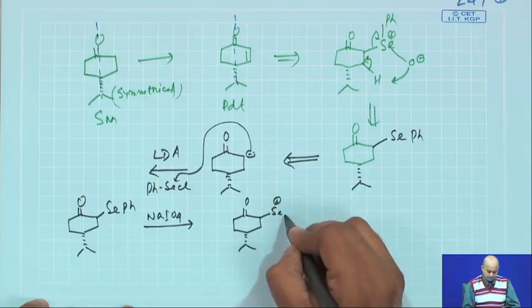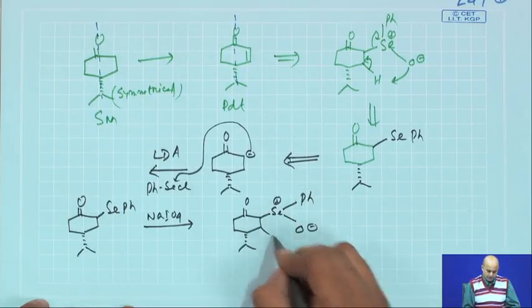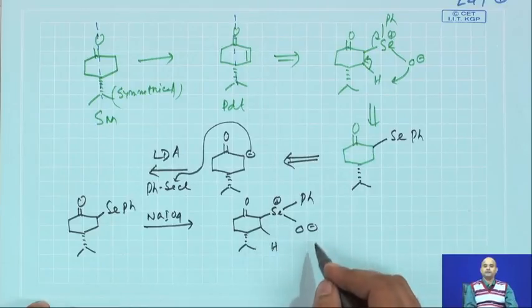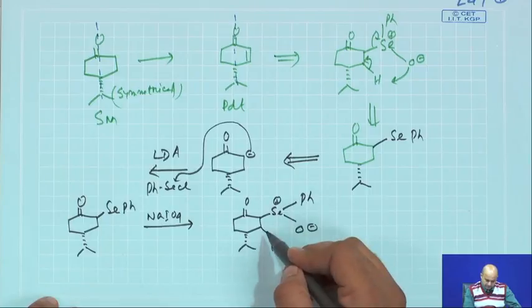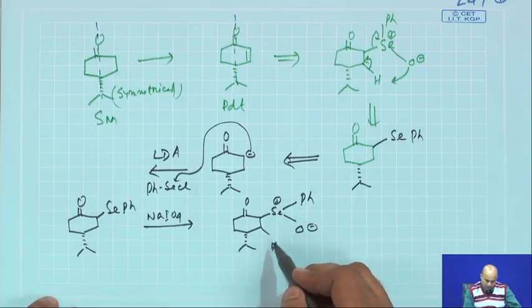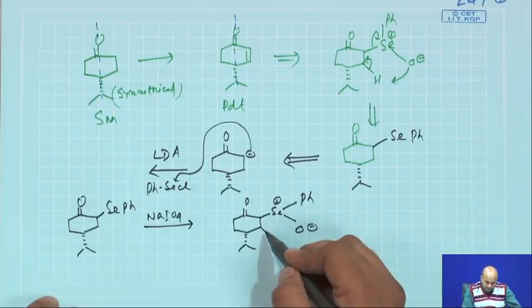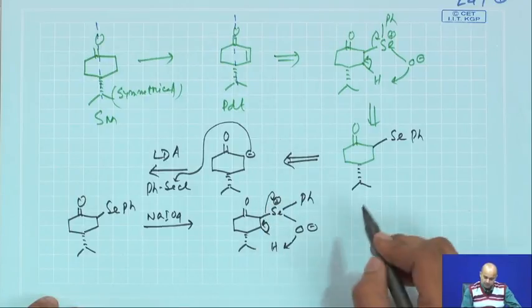Se plus O minus. Now, this selenoxide is basically acting as a base to abstract this hydrogen. In reality, it is basically a 2,3 sigmatropic rearrangement, 1, 2 and 1, 2, 3. So, this goes like this and it goes like this, it comes.